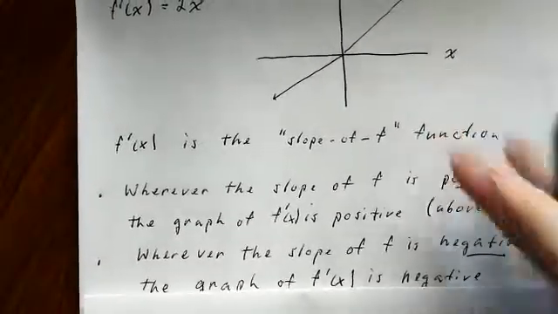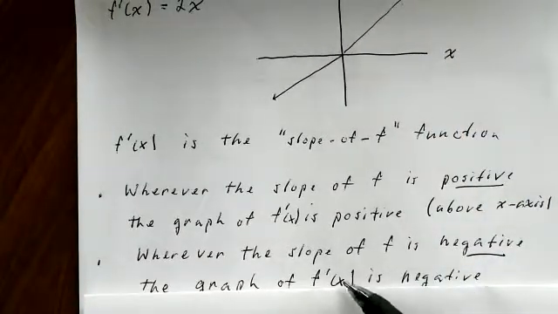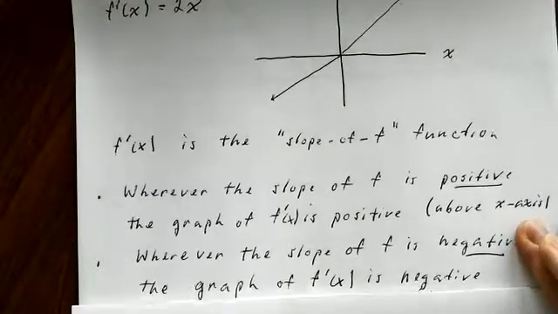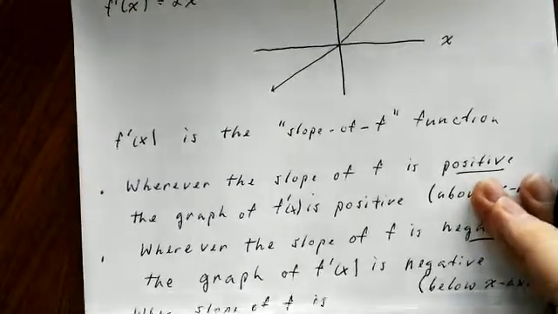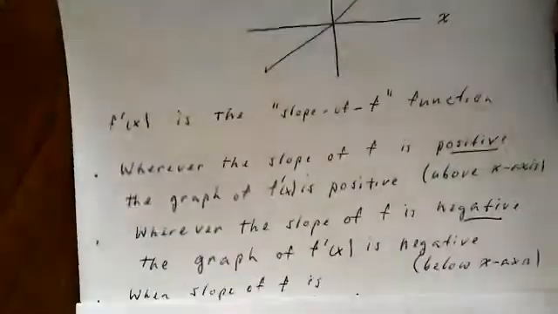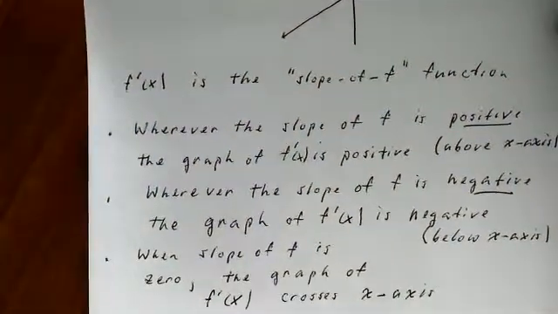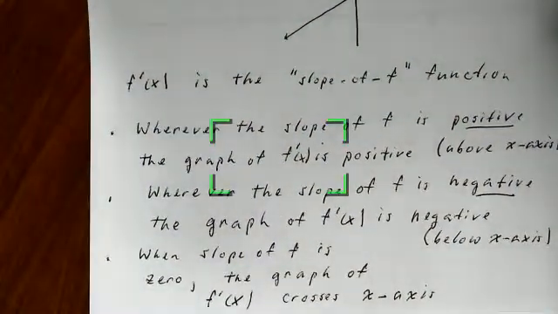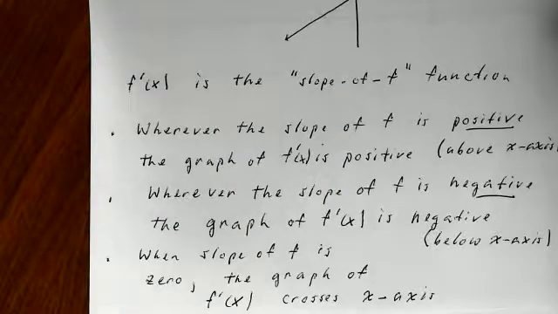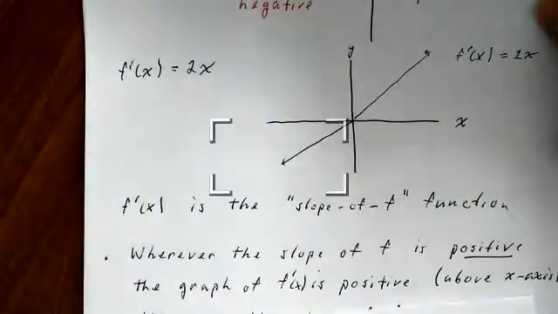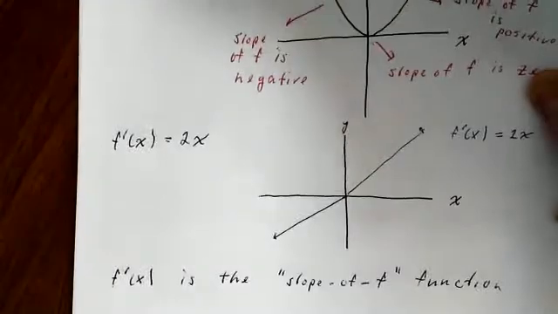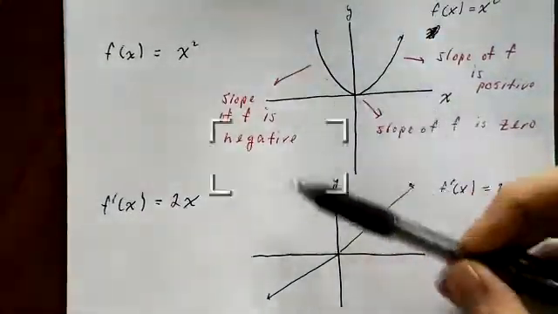Wherever the slope of f is negative, the graph of f prime, which is the slope of f function, is negative. In other words, below the x-axis. And when the slope of f is 0, like on the vertex there, the graph of f prime crosses the x-axis.